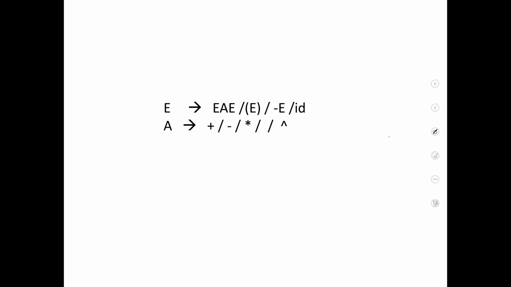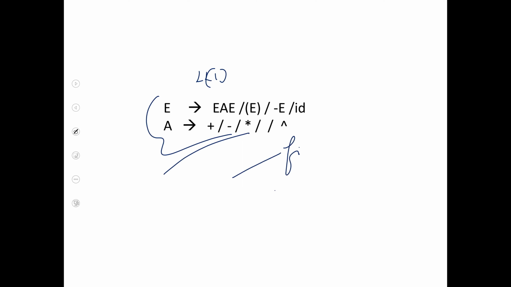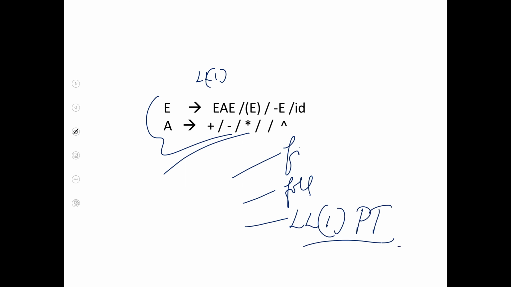So this is the next problem we will look into for LL1 parsing. You do have a given grammar. As you all know, first you have to do the first and follow, after which we have to construct the LL1 parsing table.